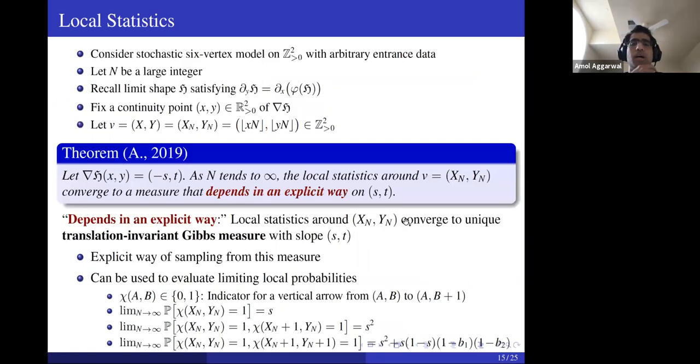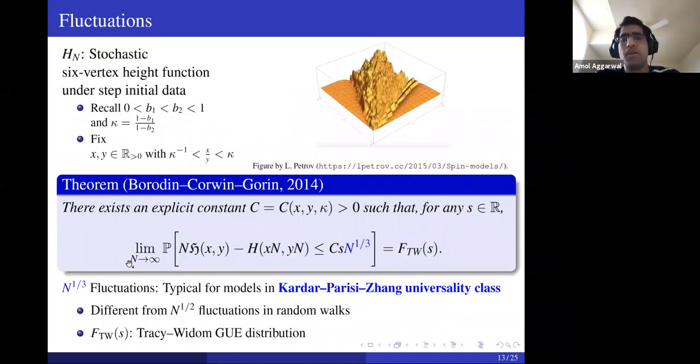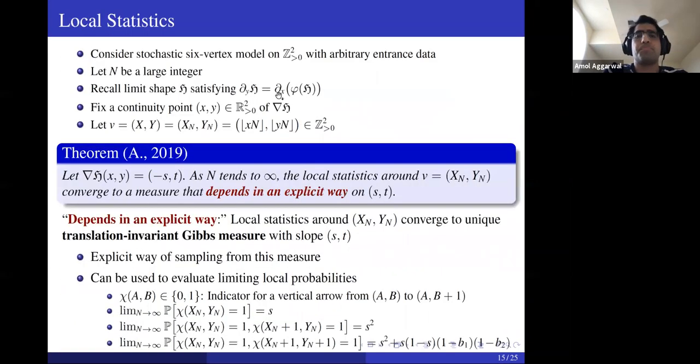Okay, so I can now state a theorem about it. We'll consider the stochastic six vertex model on the quadrant again with some boundary data. We'll let n be some very large integer. Remember, it has some limit shape from these results, which is given by this fancy mathfrak h.